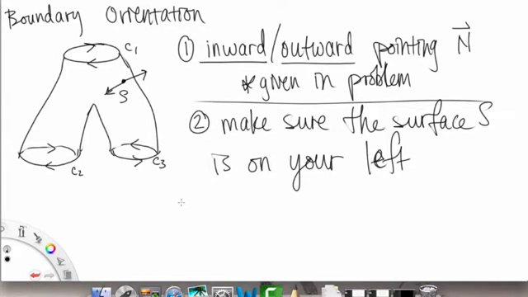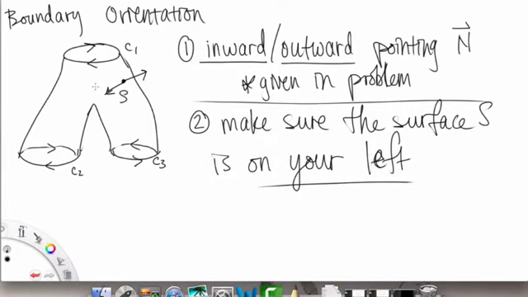Remember, when you're walking along the curve in the direction of the arrow, the domain must stay on your left. In order to be right, something has to be on your left. So make sure the surface is on your left.